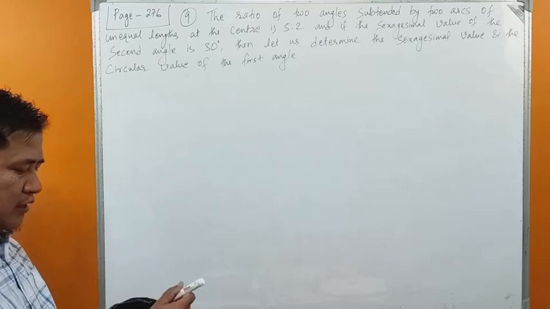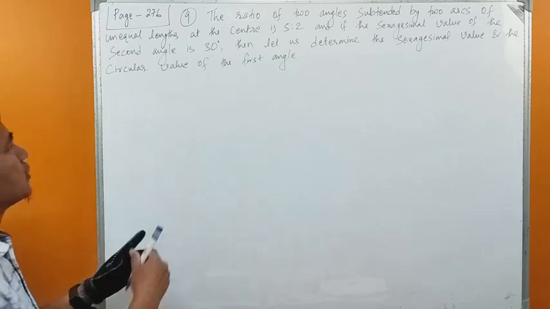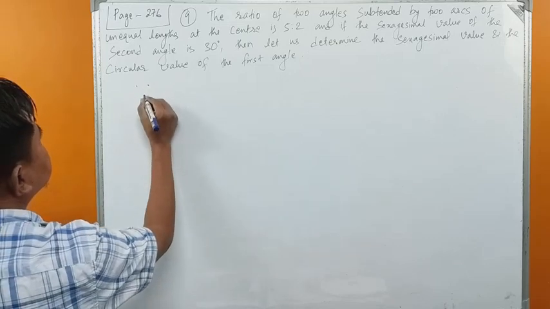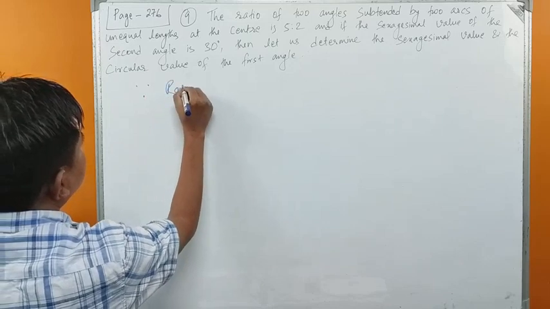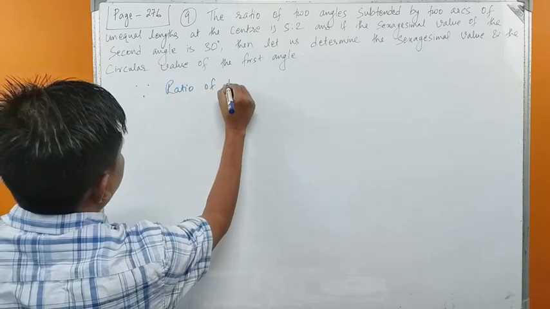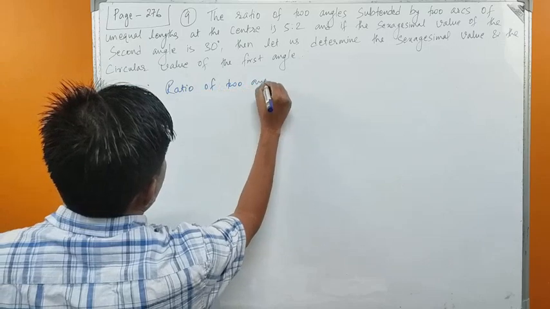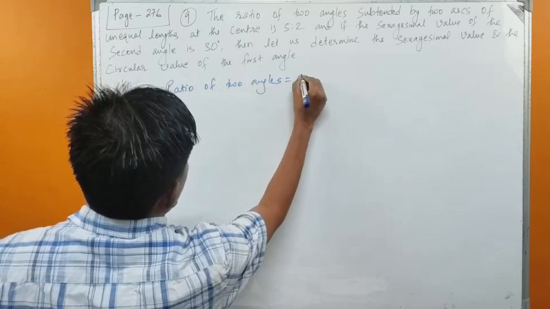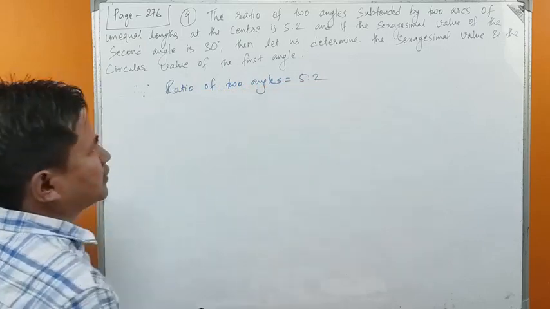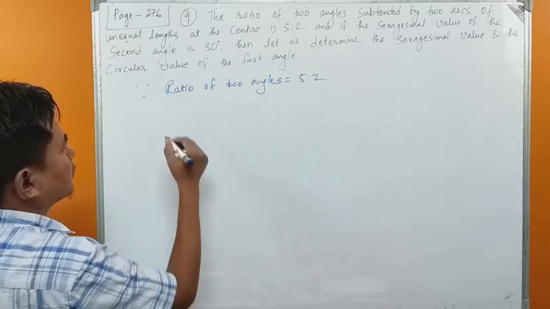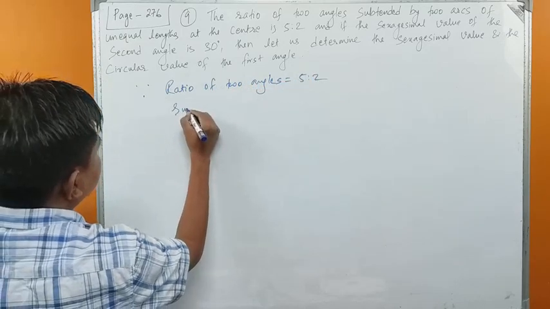So let us write the given conditions first. Since the ratio of two angles equals 5:2, isn't it? Ratio of two angles is 5:2. So let us find the sum of ratio.